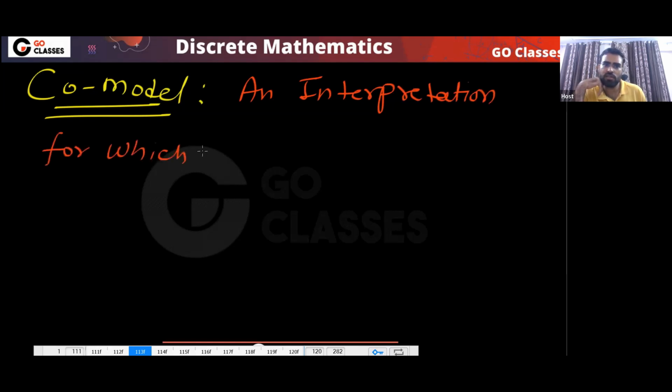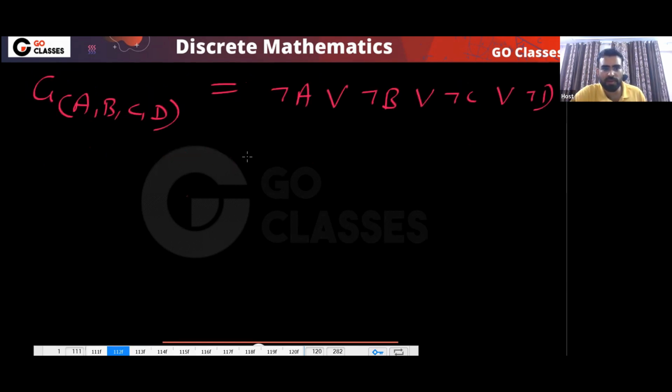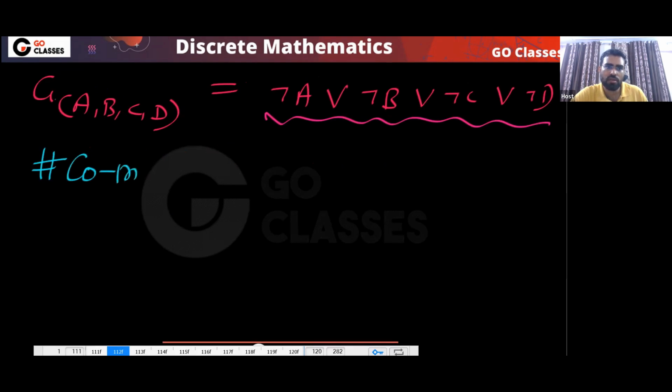An interpretation for which the expression is false. This is called co-model. So here, how many co-models will be there? If you want to make it false, there is only one way. Just simply find the number of co-models. Number of co-models will be 1.